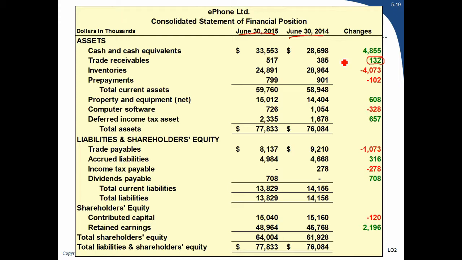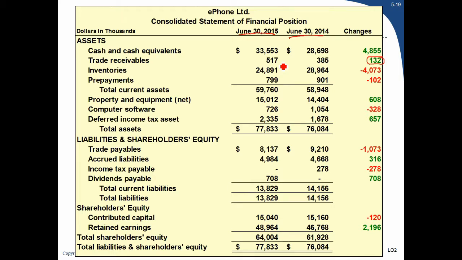So cash increases by 385. The second transaction in the year was we made a sale to a customer for 517. What's the entry there? Debit AR, credit revenue. Okay, so that summarizes all the transactions that occurred in the year and condenses it, right? From an accounts receivable perspective.